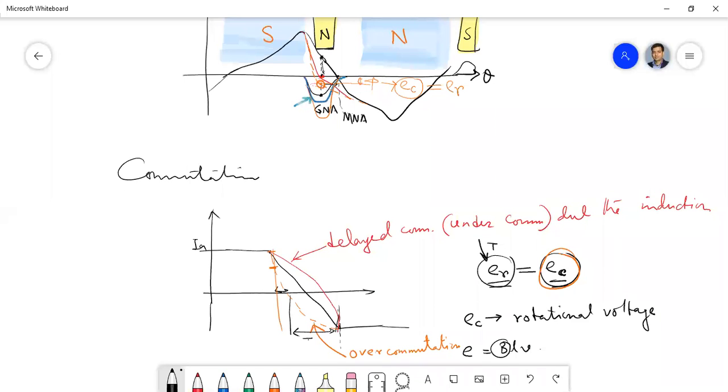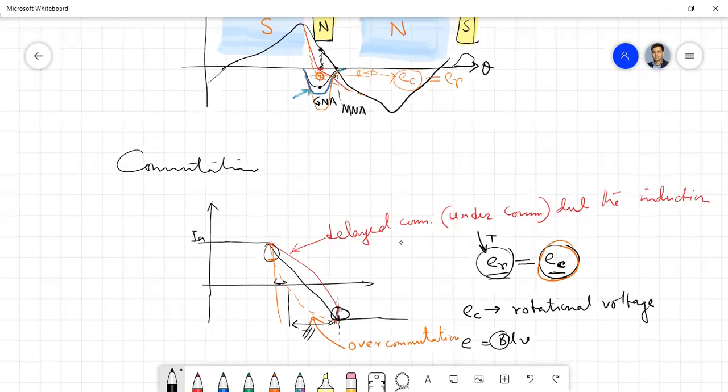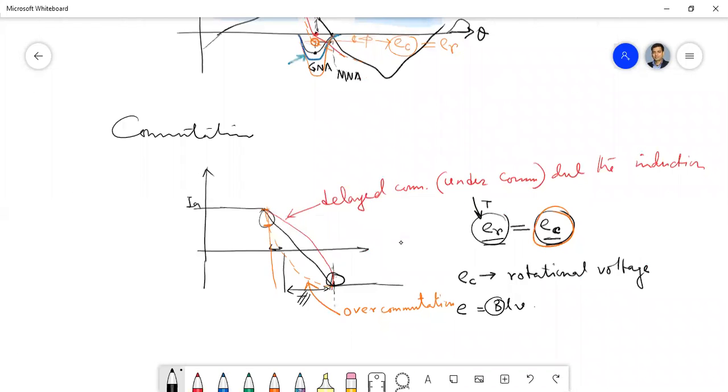Okay, so that means here we won't get any sparking. We'll get the sparking in this end. This end will give the sparking, but in case of delayed commutation or under commutation, we'll get the sparking in this end. Okay, so this is how we can explain the linear commutation, under commutation, and over commutation.